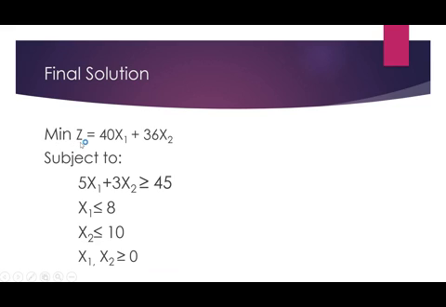Min Z is equal to, because it is a minimization problem, we are writing min Z equals 40x1 plus 36x2 subject to 5x1 plus 3x2 greater than or equal to 45. Now you have a big question mark.